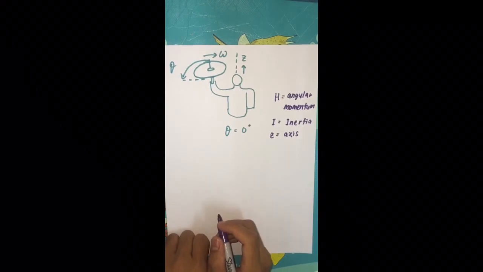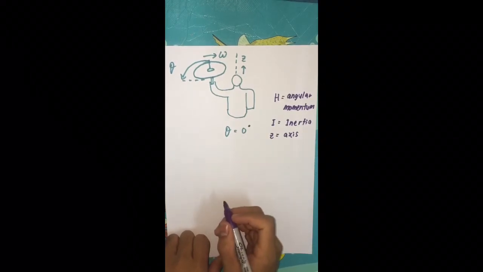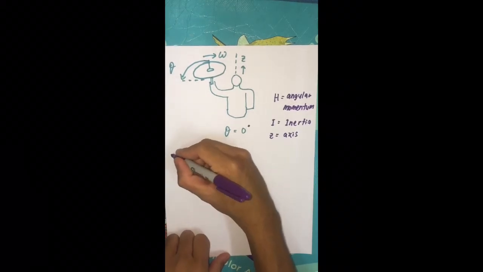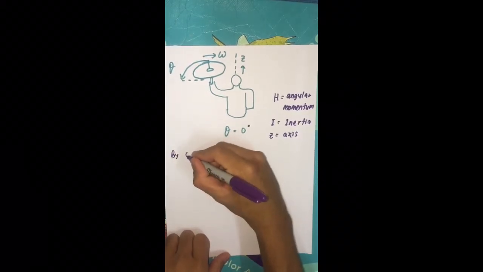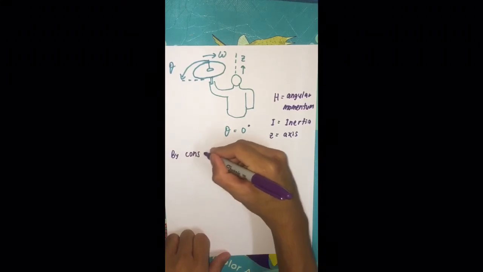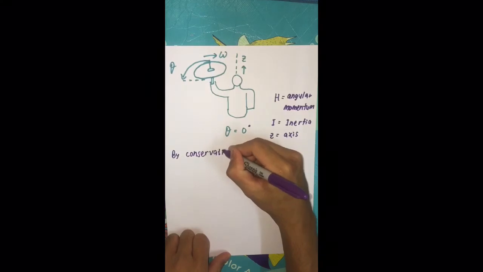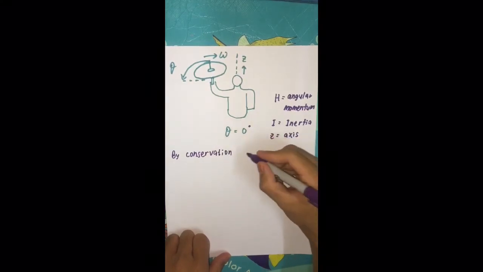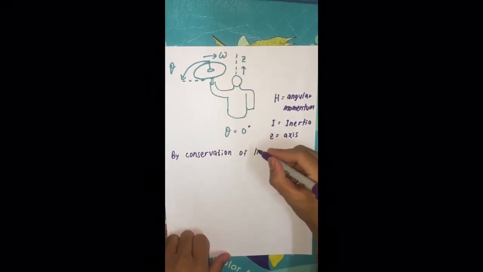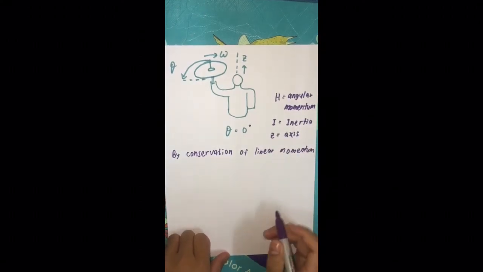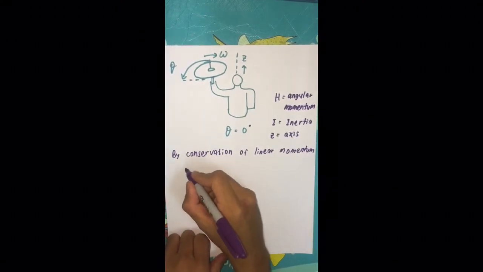For the first situation, theta equals 0 degrees, we have to use conservation of angular momentum.